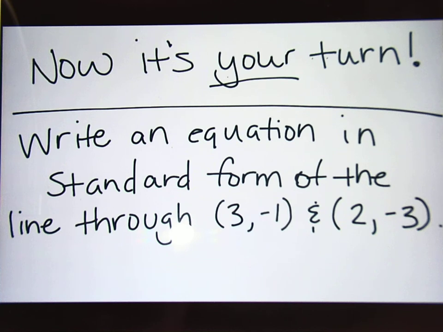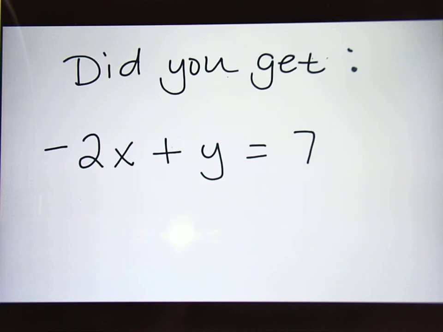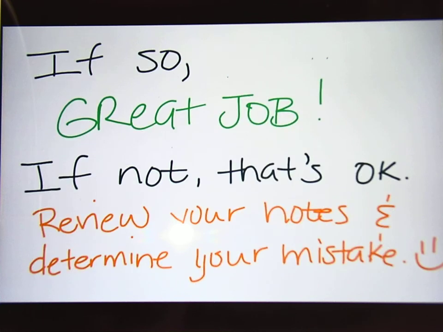Go ahead and pause, work it out, and then go on to the next, or let the video progress and see if you actually come up with the correct answer. Did you get negative 2x plus y equals 7? If so, fantastic job. If not, that's okay. Review your notes and go back and look at your work and figure out what mistakes you made.